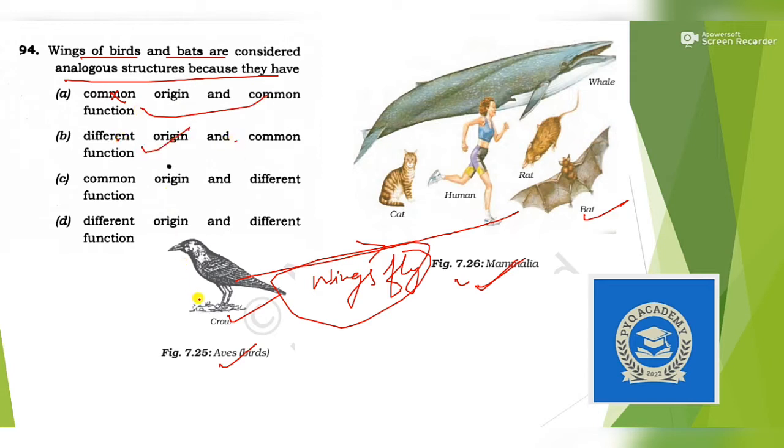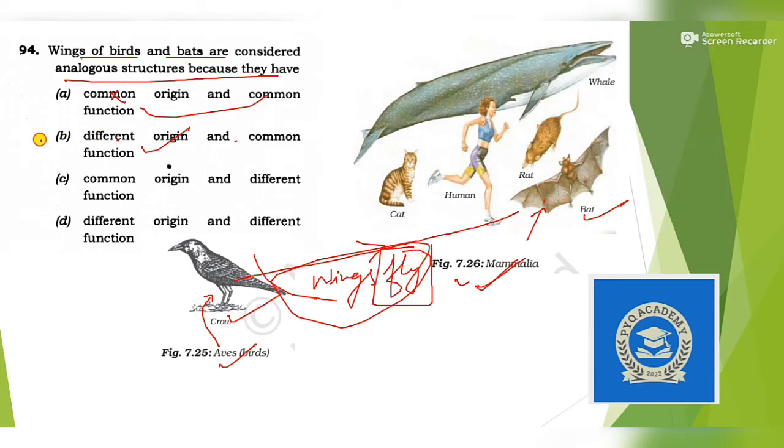Birds have their origin from Aves and bats from Mammalia, but the function of both wings is that they can use them for flight. So the answer is option B.